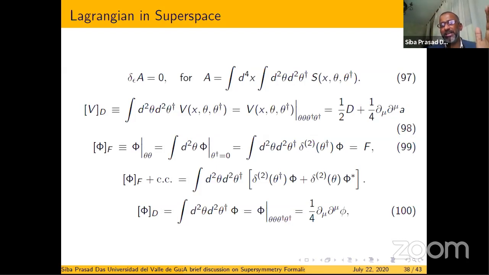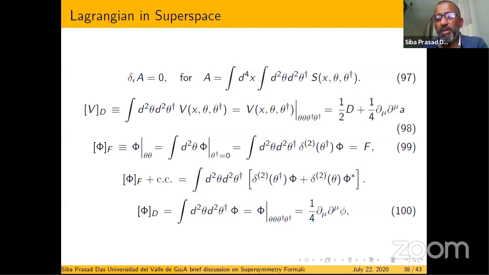The first integration gives me the Lagrangian density in four-dimensional space, and then you integrate over the Grassmann space, and then you get the Lagrangian density, and A is the action. V_D is the D term of the vector potential, and psi F is the F term. As I said, if you see the properties of the del squared theta dagger, you will see that this will only project out the theta dagger term, which is called the small d.